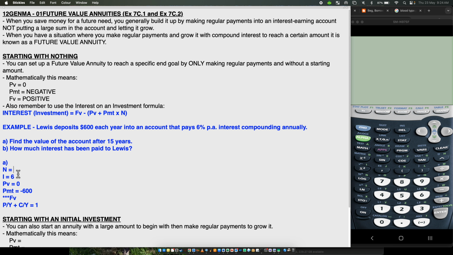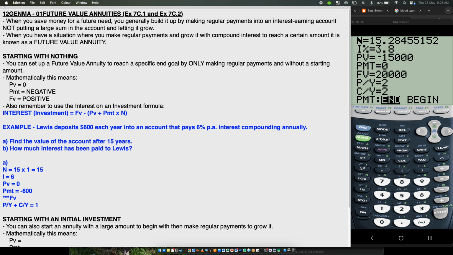So now we can work out N. I've got 15 years of payments times by, how many payments was it per year that you just told me? 1. So N is going to be 15. So now I've got my time. Press apps, enter finance, TVM Solver. How do I use TVM Solver? Enter the variables.